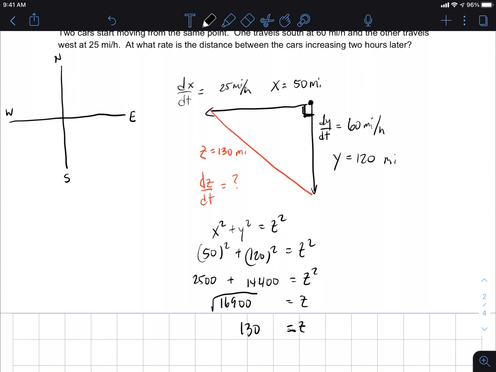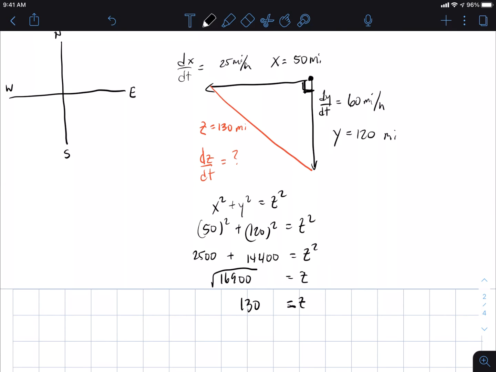Okay. So now that we have our x, our y, our z, we have dx/dt, we have dy/dt, and we're looking for dz/dt. Now we have to set up our equation for the implicit differentiation to be able to do our related rate.